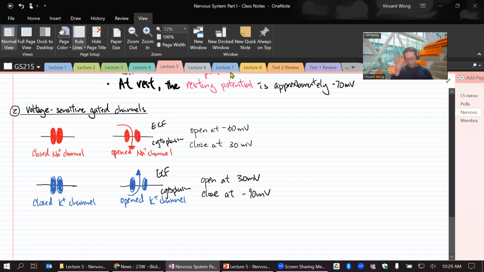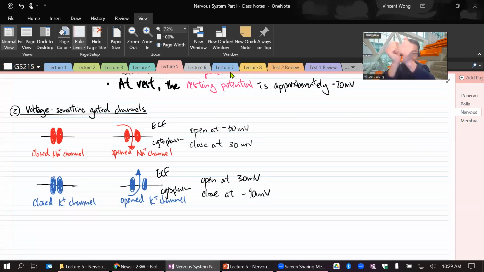All right. Here's one last little thing to consider. Look at my hands, my fists are like the channels. So this is closed, this is open. Pretend this is sodium channels. What number are we sitting at right now, when the neurons are not doing anything?